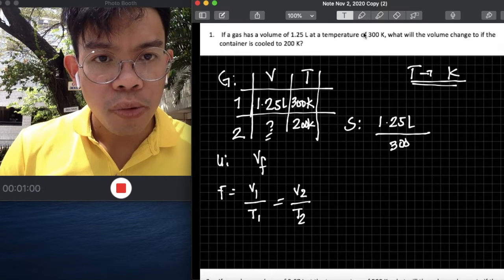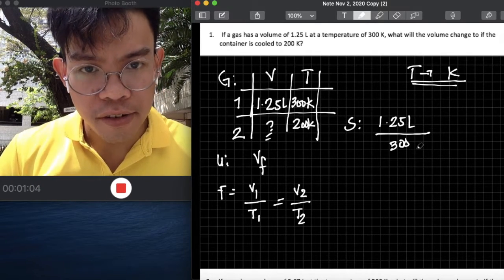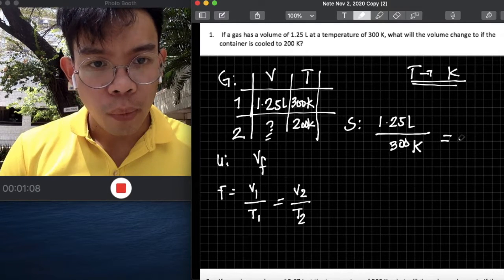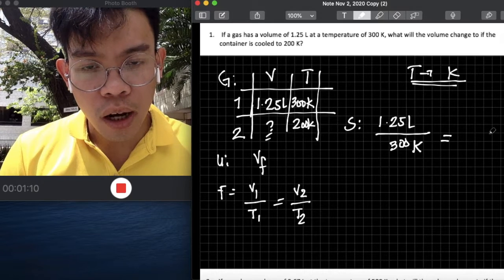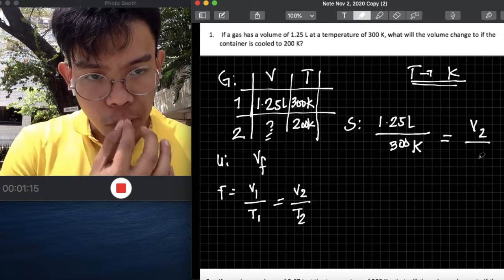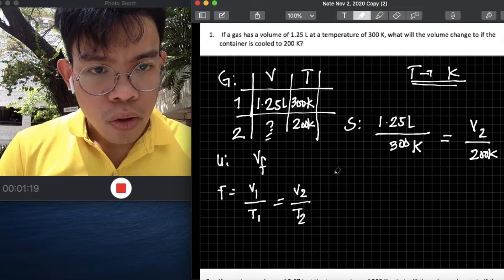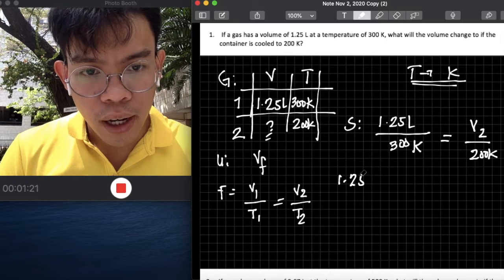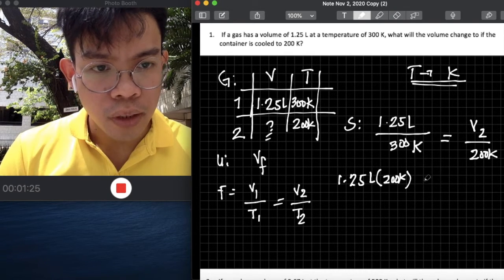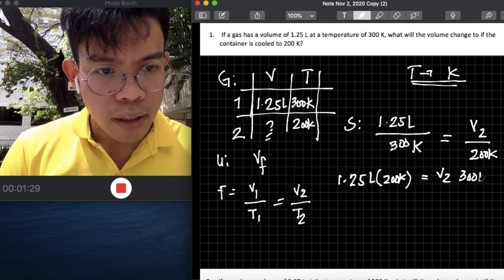Okay, so all we need is to write 1.25 liters over 300 Kelvin equal to, of course, our volume 2, which is unknown, divided by 200 Kelvin. We need to cross multiply. So 1.25 liters multiplied by 200 Kelvin is equal to volume 2 times 300 Kelvin.